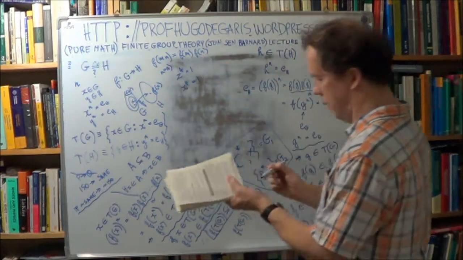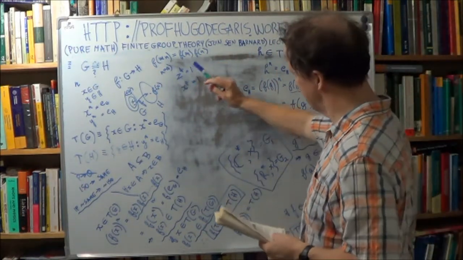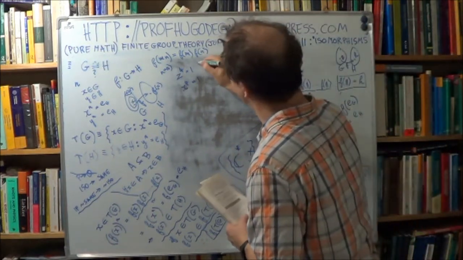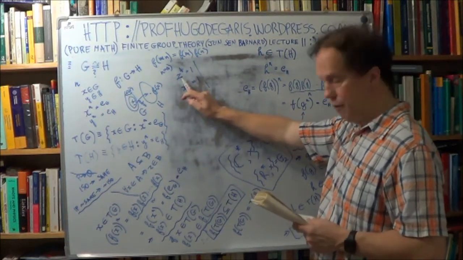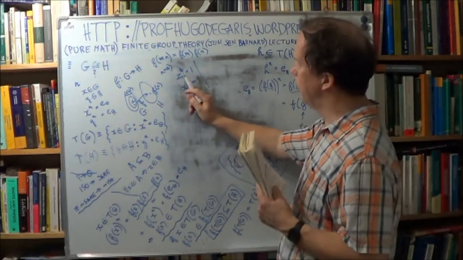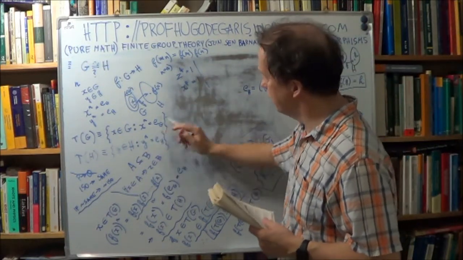Right? Now I put z here because it's a complex number. Now, question: how many solutions does this have in this group? How many z's are there that satisfy this property?